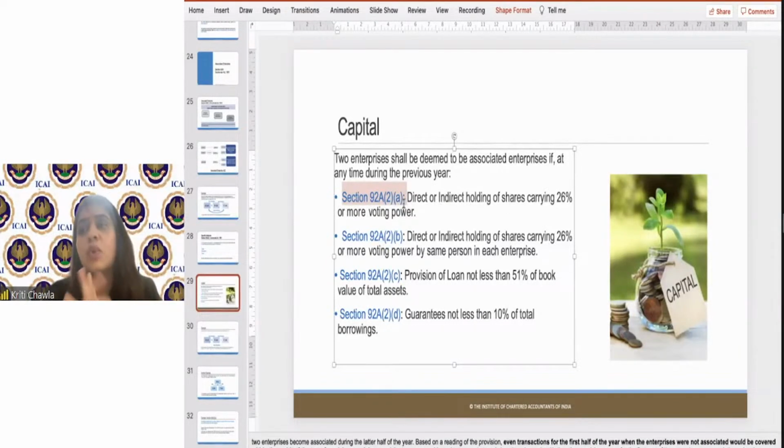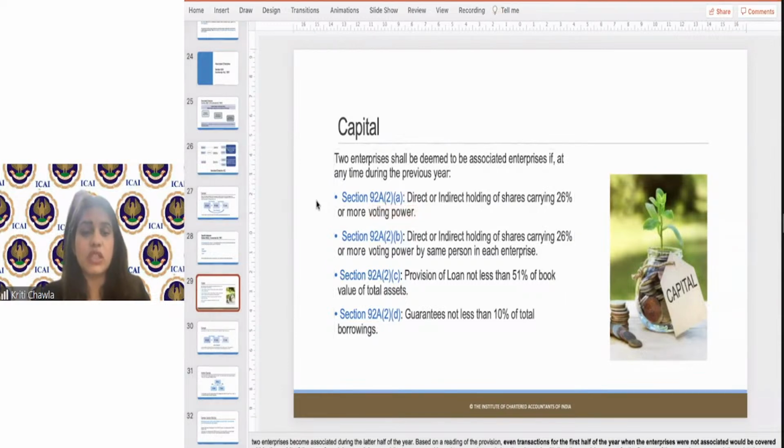How will they be related? Well, if they have more than 26% shareholding. But it's important to remember that the law uses the word voting power. Do you think preference shareholding will count? What if one enterprise holds 27% preference share capital in the other enterprise? Will they be related to each other?